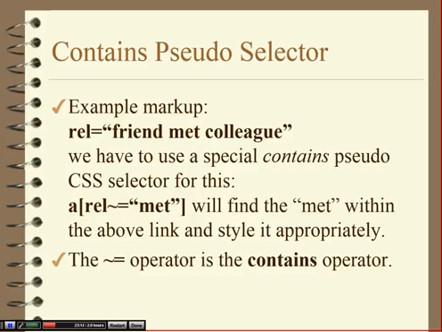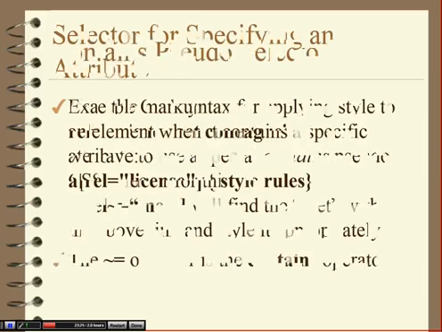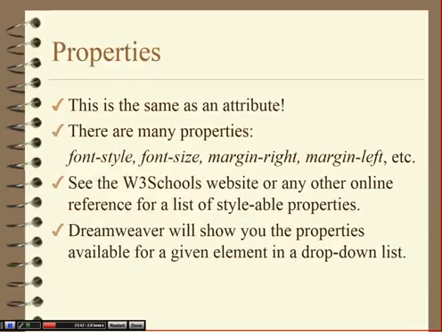So this one lets you apply style when an attribute contains something, as opposed to this one, which is when the attribute is equal to something. So this one will say, as long as I have the word met within an attribute called relation, then apply this rule to it. And of course, that's going to be applied to an anchor. That's pretty obscure. You probably will never use that.